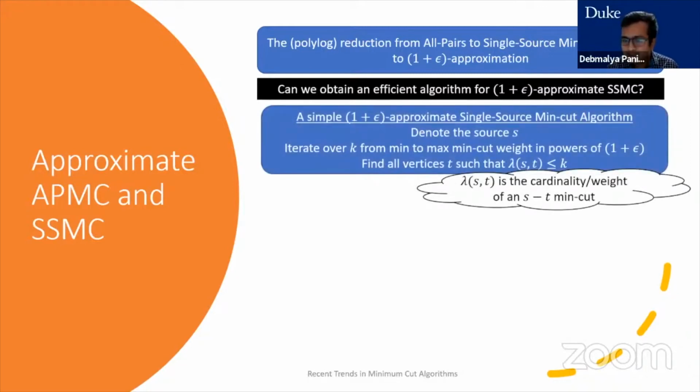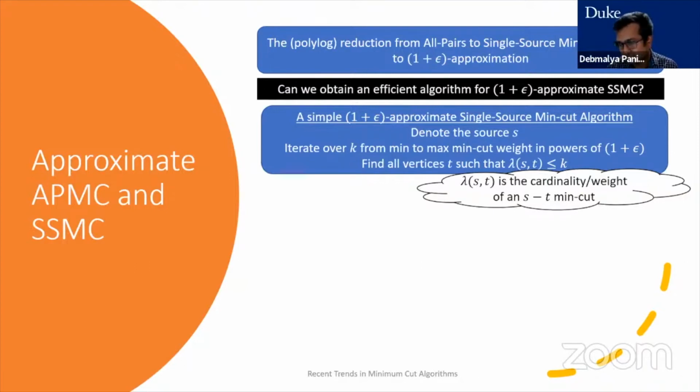So let's start off with a very simple algorithm, maybe the first algorithm you would think of if I asked you this problem. Let's denote the source vertex S. Remember, it's a single source problem, so you are given a source vertex. Now I iterate over values of k that are powers of 1 plus epsilon, from the minimum to the maximum min cut weight that I can potentially see.